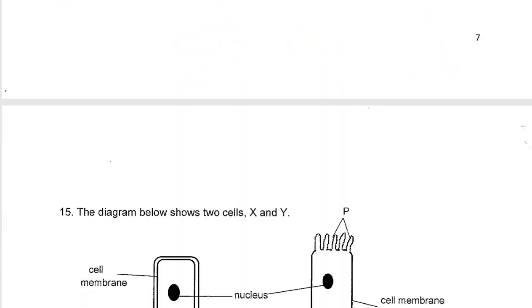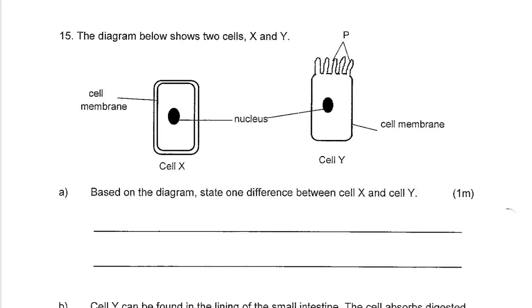Alright, now next, based on the diagram, state one difference. Alright, one difference will do. So some of you or most of you spotted the very obvious one, which is this external extra outline that the cell X has, that cell Y doesn't.